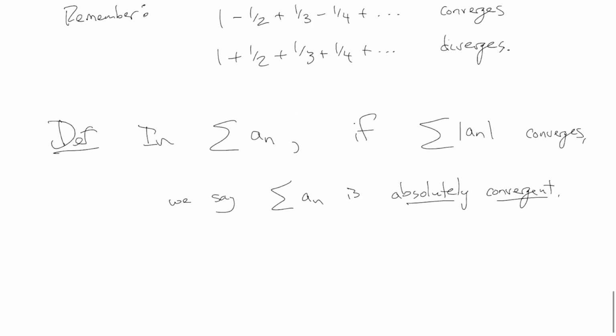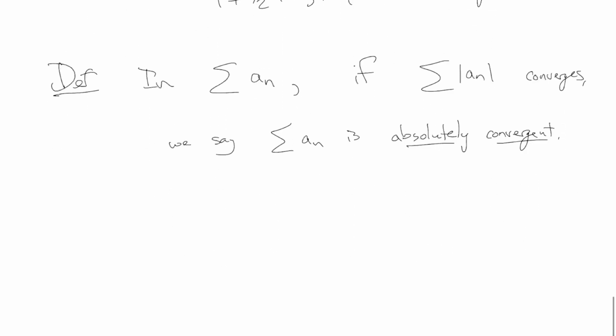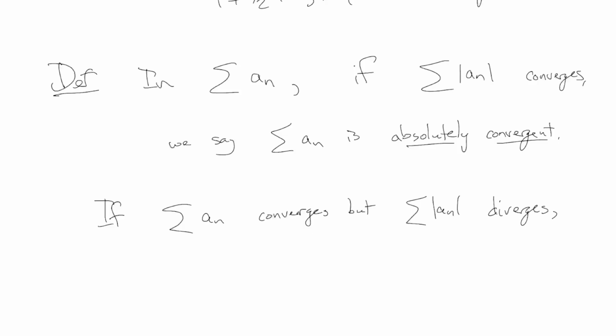And there's a related term here, and this can happen sometimes. If the sum of a_n converges, but the sum of the absolute values diverges, then it's not absolutely convergent, but it is convergent.